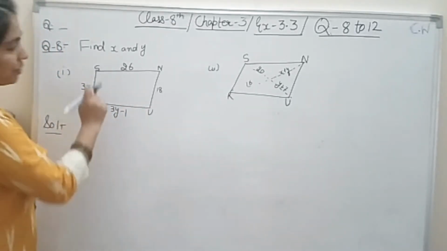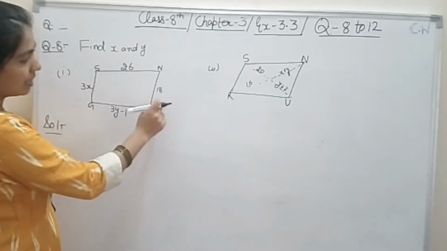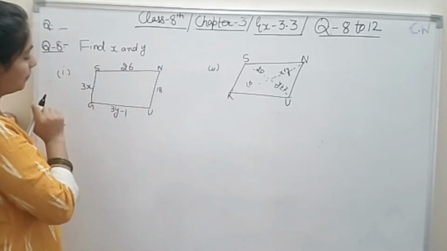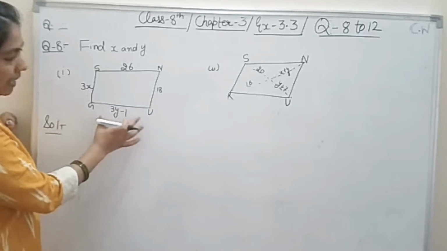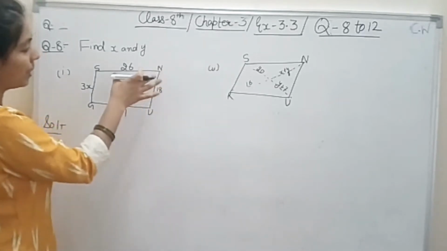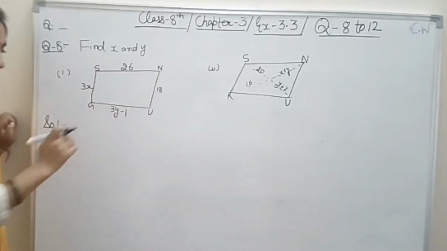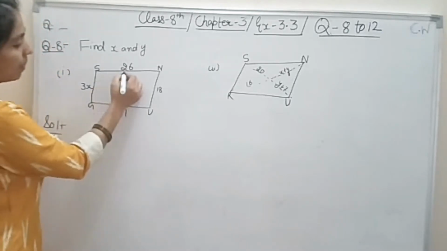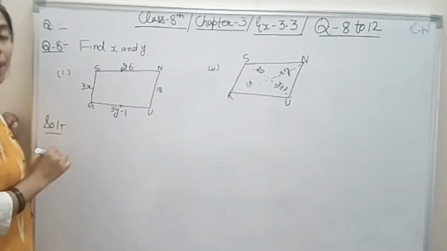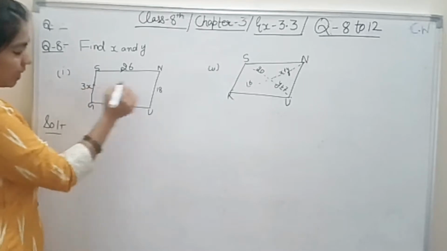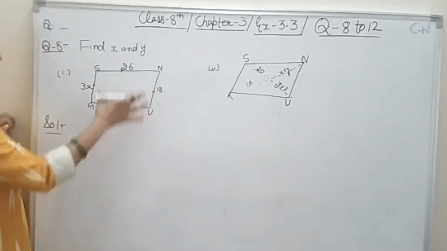See, first part you have a parallelogram and in this you are given the length of GU, the length of MU, SN and SG. And as you know, in the parallelogram the opposite sides are parallel and equal. So first of all is GU and SN.